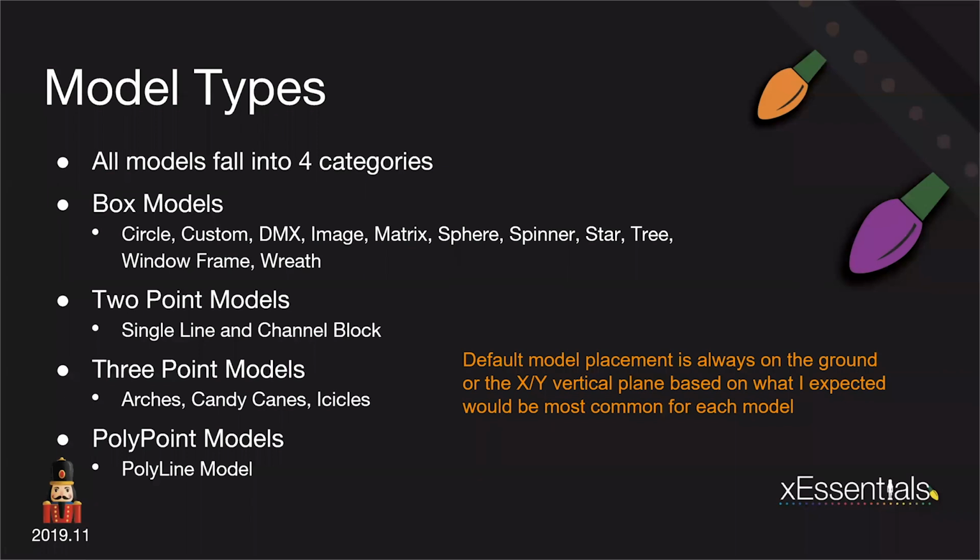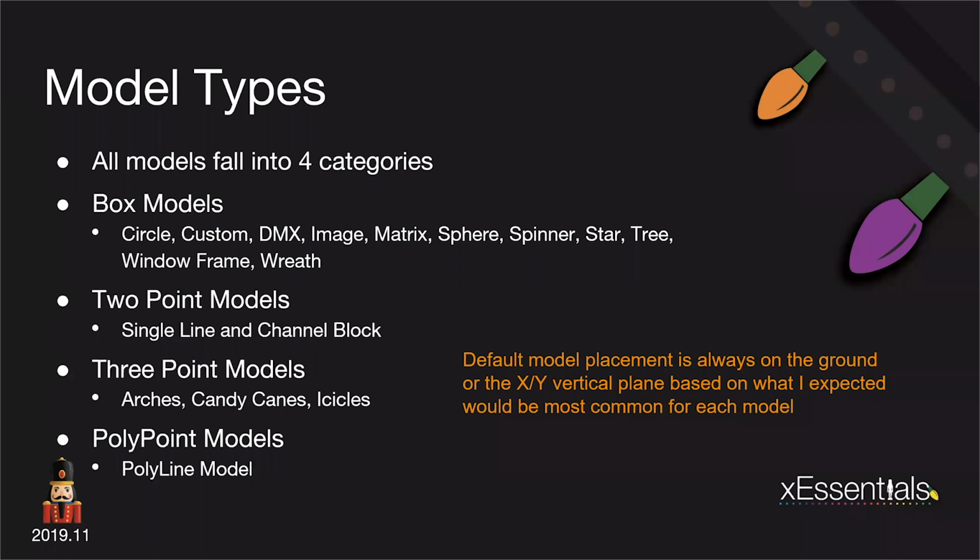Our 2-point models, there are only 2 of them: a single line or a channel block, which is just another variation off of the single line model. Like I mentioned earlier, the one with the special handle, we have 3-point models, which are arches, candy canes, and icicles that have that third point. And then polypoint models are really only one type, that's the polyline right now.